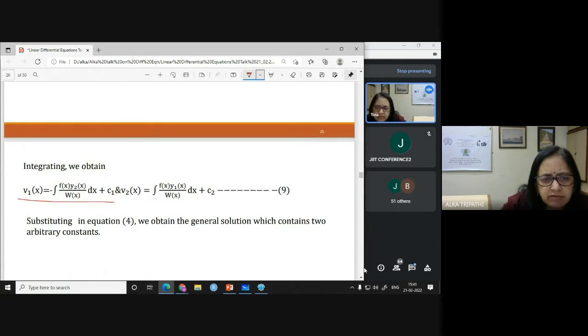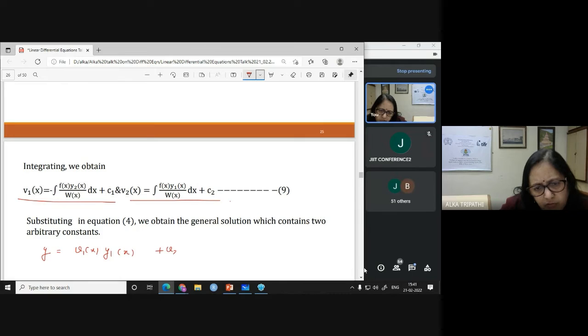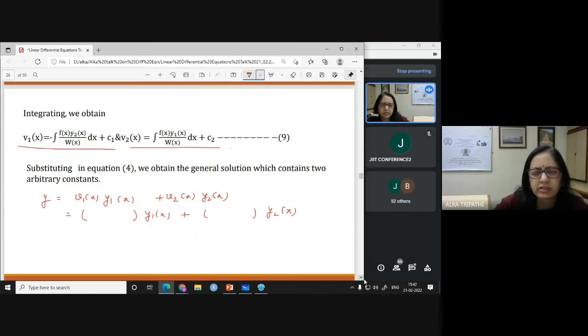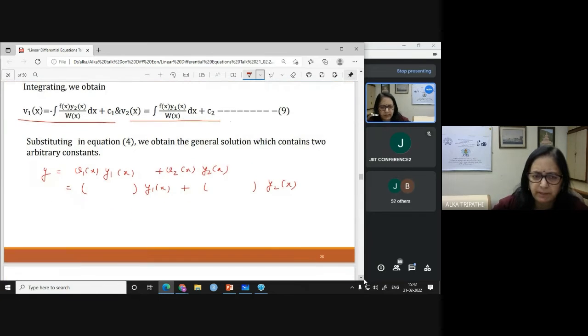Since V1 is this value and V2 is this value, our original equation was y equal to V1(x) y1(x) plus V2(x) y2(x). So this will be equal to this V1 value into y1(x) and this V2 value into y2(x). This is the general solution which includes yc plus yp.